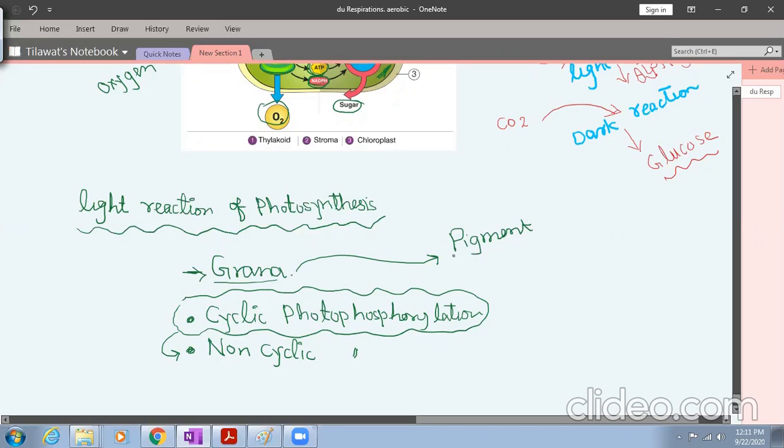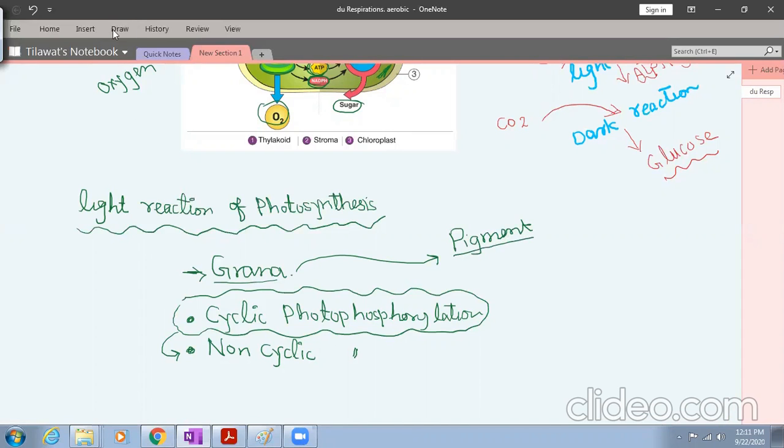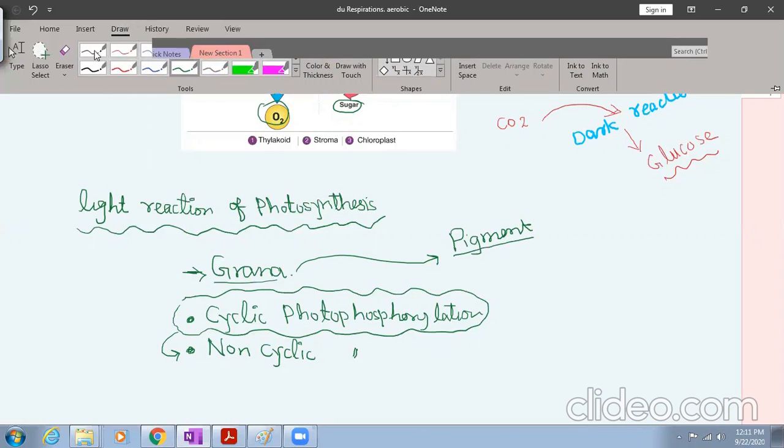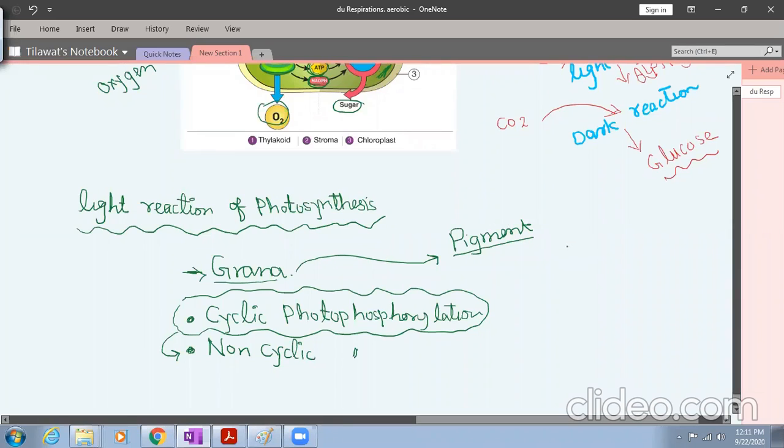If I draw the grana structure, it is like this, a sac-like structure. Now, if I take one part of this grana, the membrane of this grana is called thylakoid membrane.